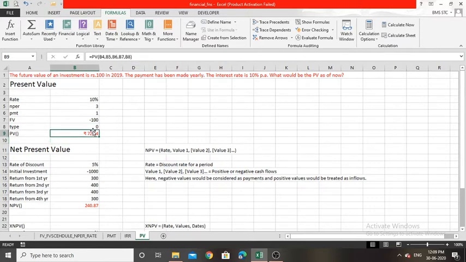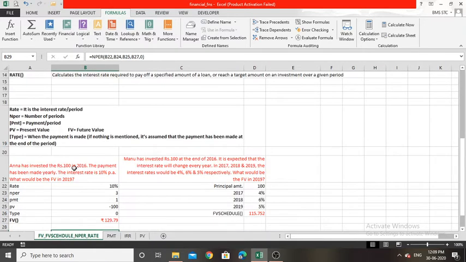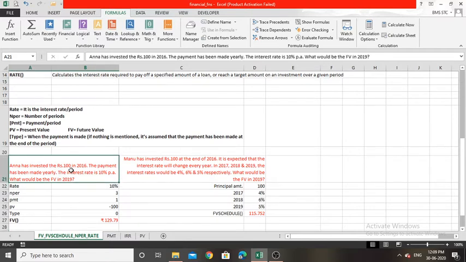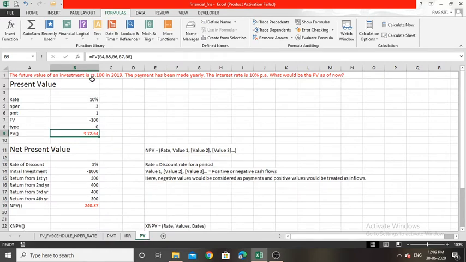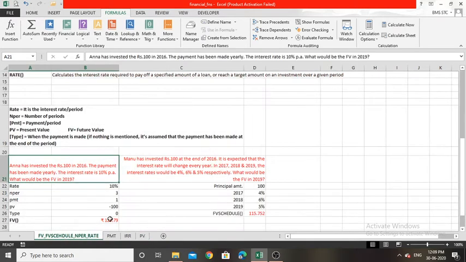So we calculated the present value that we have to invest. The change from the previous question is this: while finding the future value, our present value was 100 and the future value was 129. Here the case is that in the future we have only 100 instead of 129.